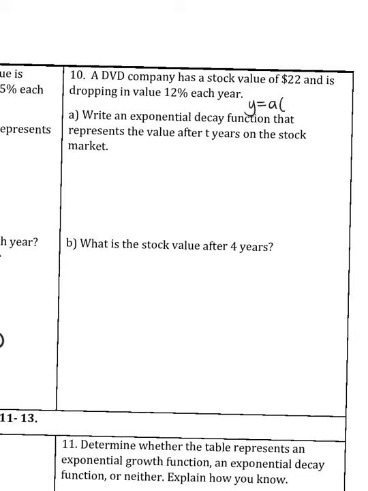Y equals a, 1 minus r to the t power. And I just have to fill in what my a and my r are. My a is $22, my initial amount, what I started off with. And 1 minus 0.12, we need to write this as a decimal, remember, to the t is the same as y equals 22 times 0.88 to the t.